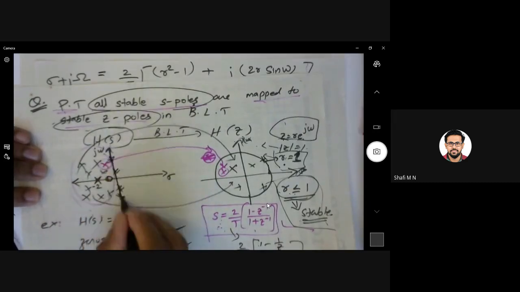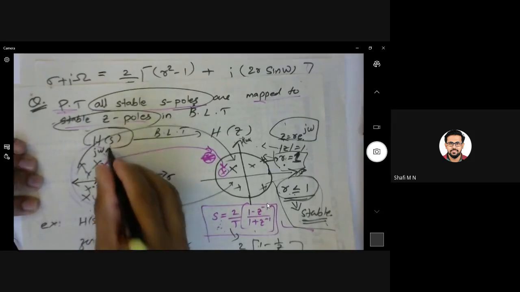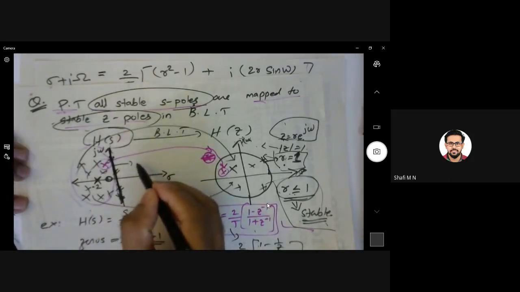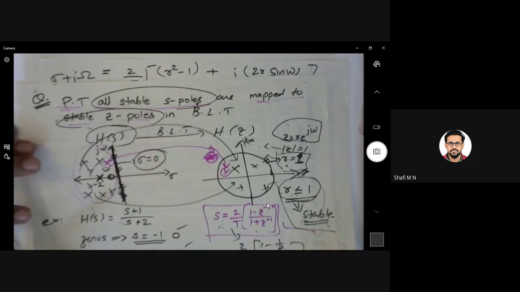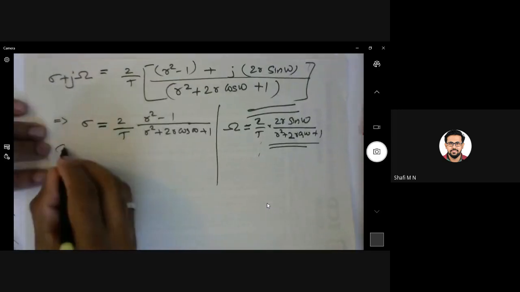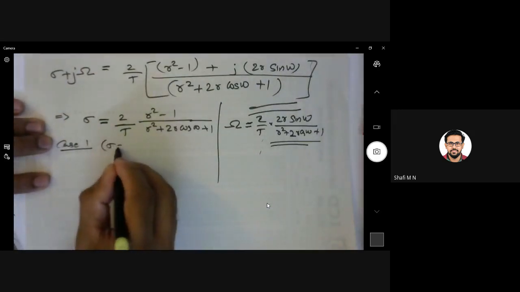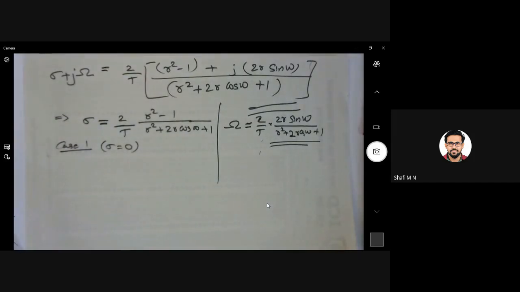So how can you address this axis? J omega, sigma equal to 0. Isn't it? That axis is sigma equal to 0. So let me take first case 1. Let me take sigma equal to 0. So that is your imaginary axis, j omega axis in the S plane.